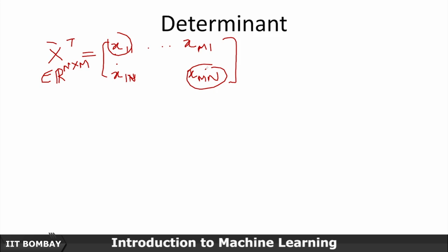Now if you have a square matrix, let's say X that belongs to R to the power n cross n, then we can compute a very important quantity for this, which is called its determinant.